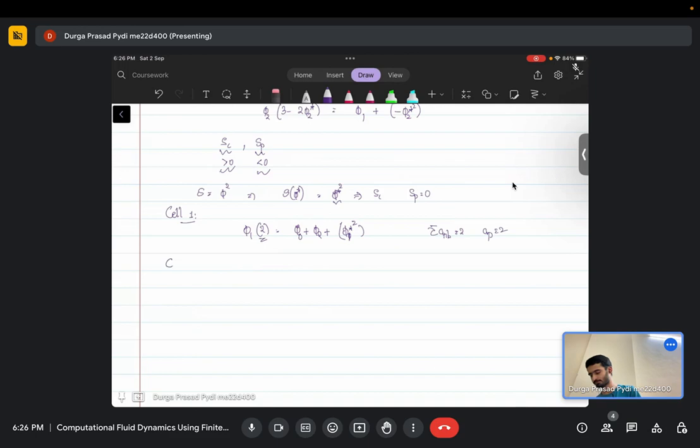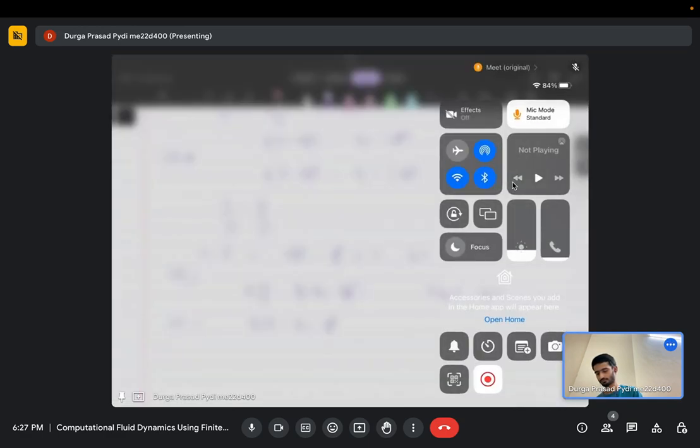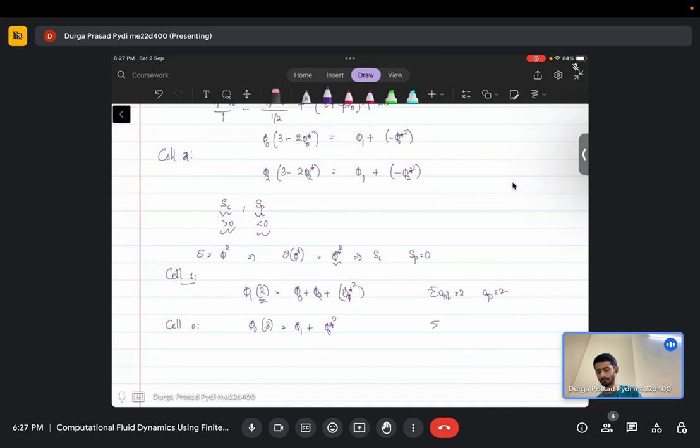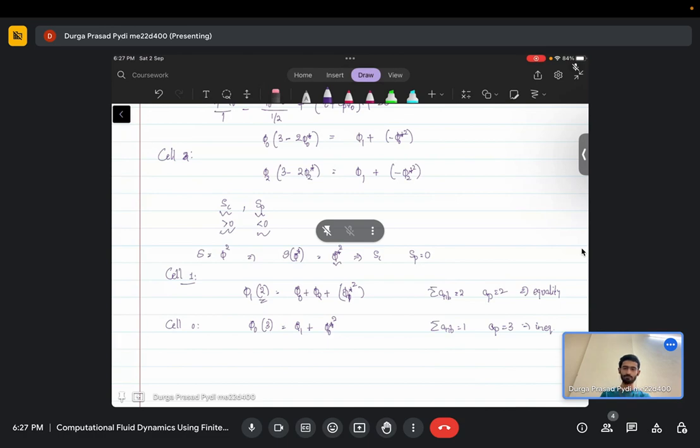On the boundaries, you don't have an SP term: you have phi 1 plus phi 0 star square. Here sigma A and B equals 1 and AP equals 3. So this satisfies your inequality. Now your Scarborough criteria is satisfied and your solution will converge.